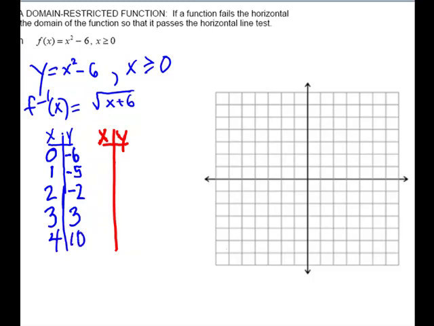So that one's going to go off the grid, but I can put that on. So over 0 but down 6. 1, 2, 3, 4, 5, 6. 1, -5. 2, -2. 3, 3. And 4, 10.